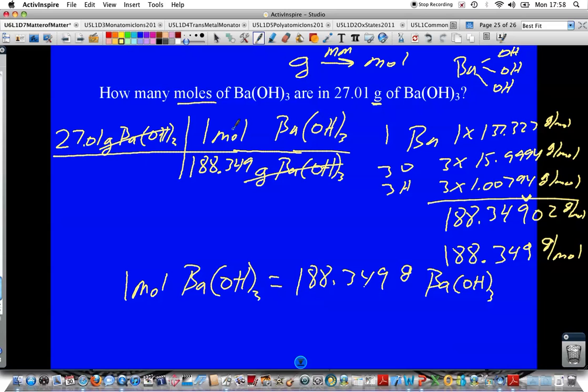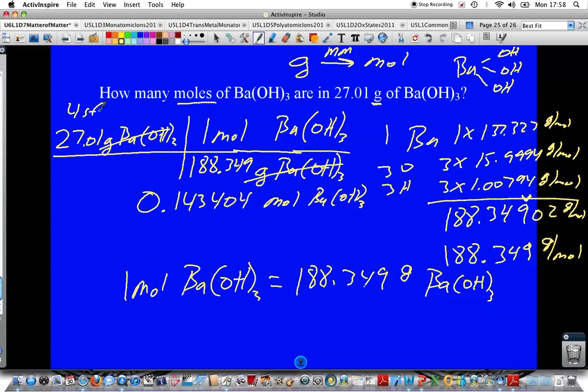So if I plug it in my calculator, 27.01 divided by 188.349, enter, we get 0.143404 moles of barium hydroxide. Now, the first number that we're given, the 27.01, has 4 significant figures.